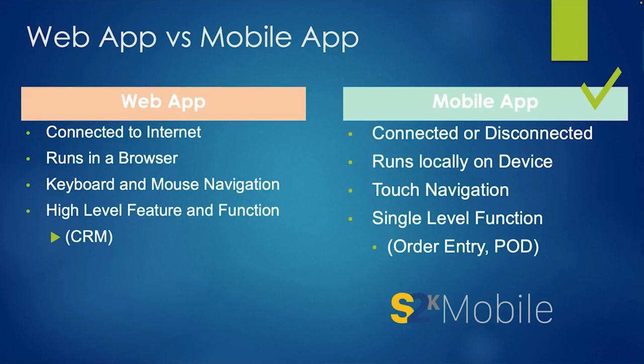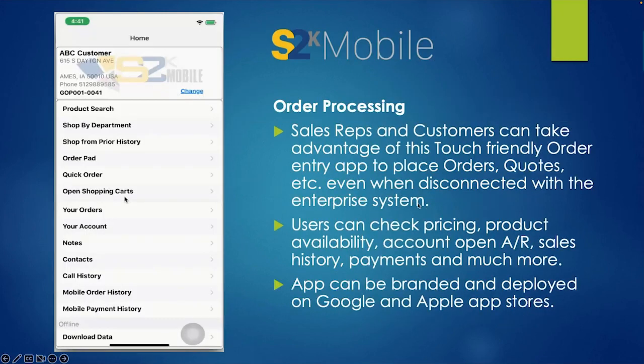They're connected to the internet, they run in a browser, and they don't have native functionality such as what we have to offer here. So our apps are all native, meaning they can run connected or disconnected from the internet. They run locally on the device, and you can take advantage of all the touch navigation that you would expect from a mobile application on a mobile device.